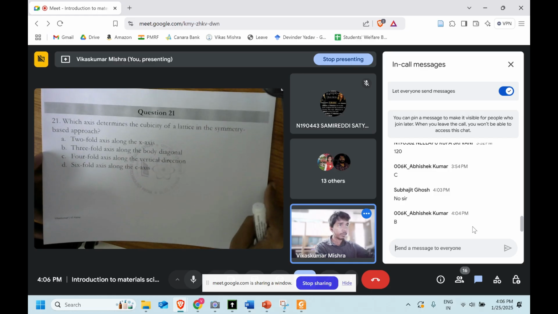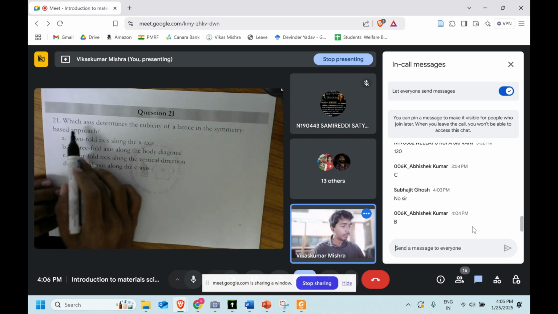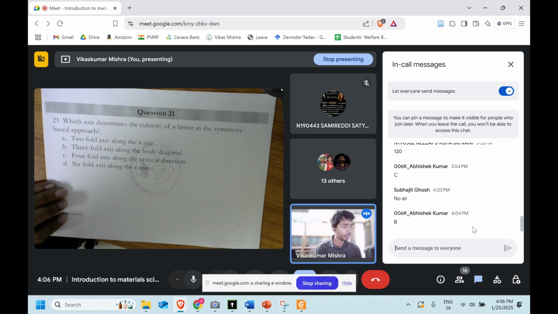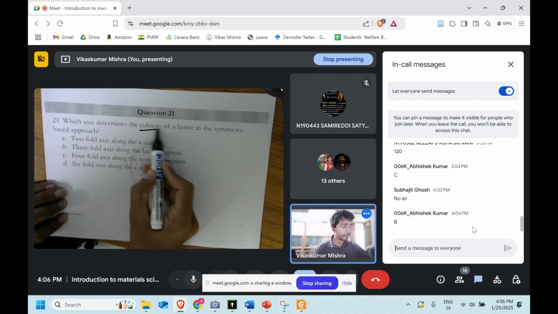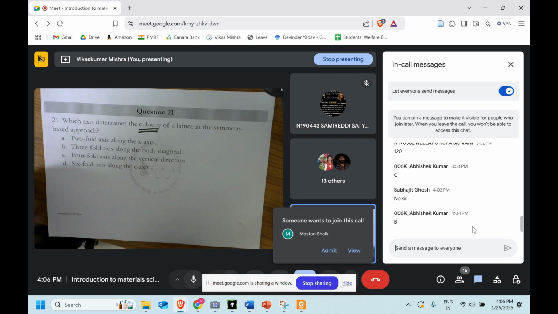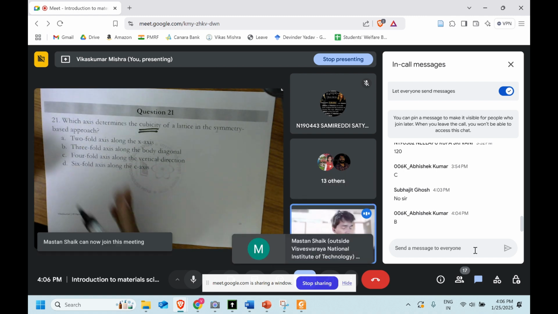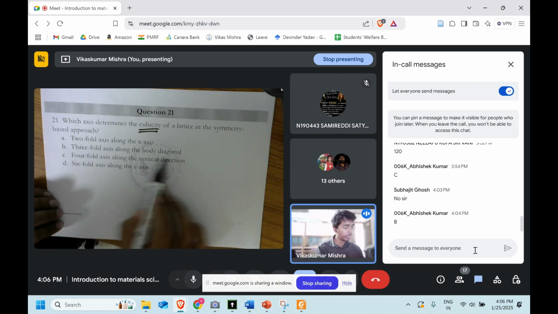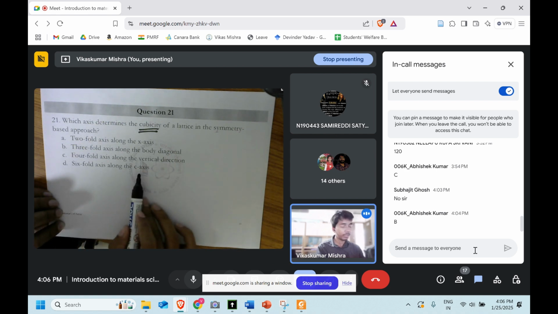Our next question. Which axis determines the cubicity of the lattice in the symmetry-based approach? Cubicity, that is, we are talking about the cube. If something is cubic, which of these will define that it is a cubic? Twofold axis about the x, threefold axis about the body diagonal, fourfold axis about the vertical, or sixfold about the c-axis.